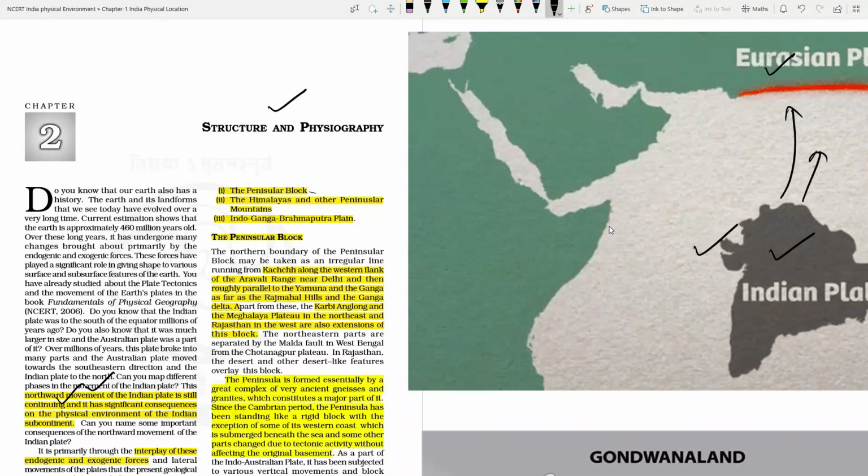But because of the continuous force applied by this plate, you can see multiple earthquakes, and somewhere you can also find folding and wrinkles being created on the surface of the earth due to the movement of this Indian plate. It has significant consequences on the physical environment of the Indian subcontinent.